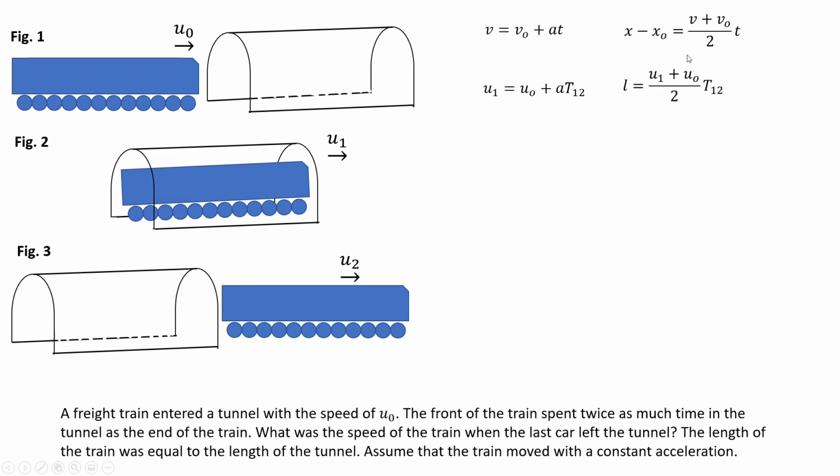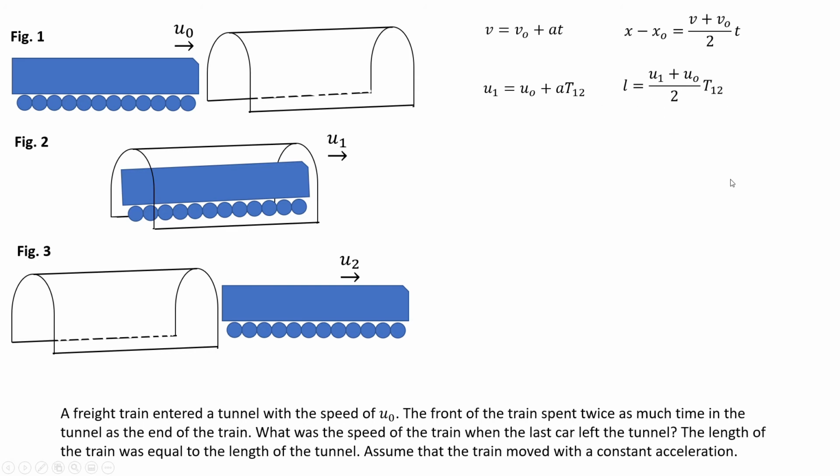So if you look at the second formula, what we see on the left is the distance the front end travel in this time, and the distance is the length of the train or the length of the tunnel, and that is L. Okay? Again, velocity, we already said that the initial velocity is u0, the other velocity is u1, and the time it took front end to go through the tunnel is t12.